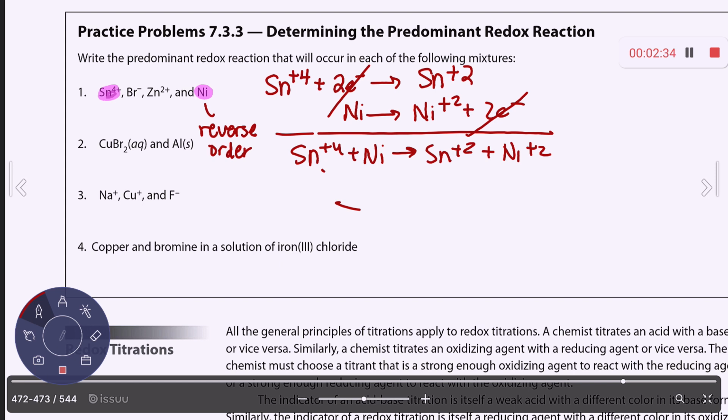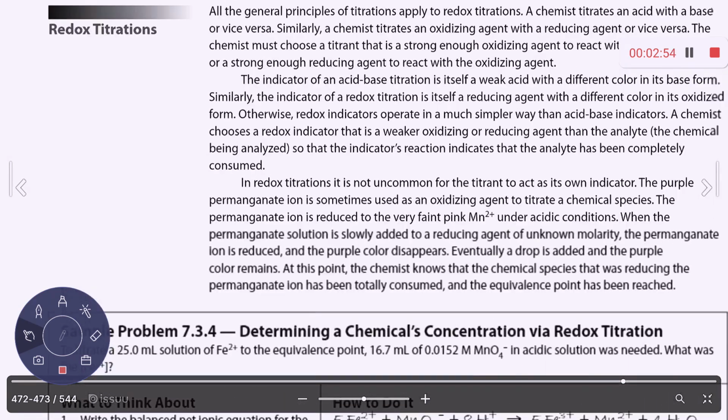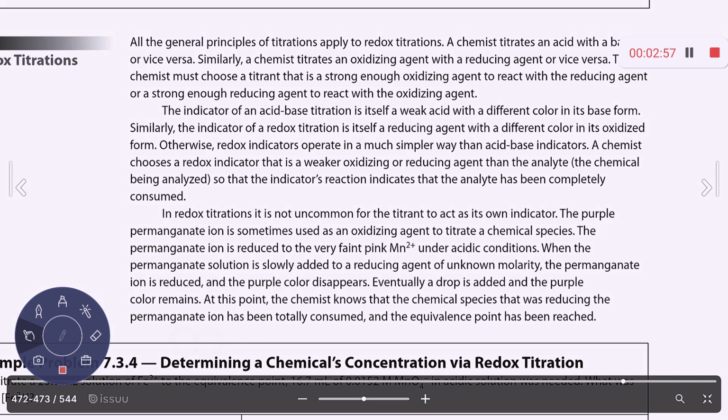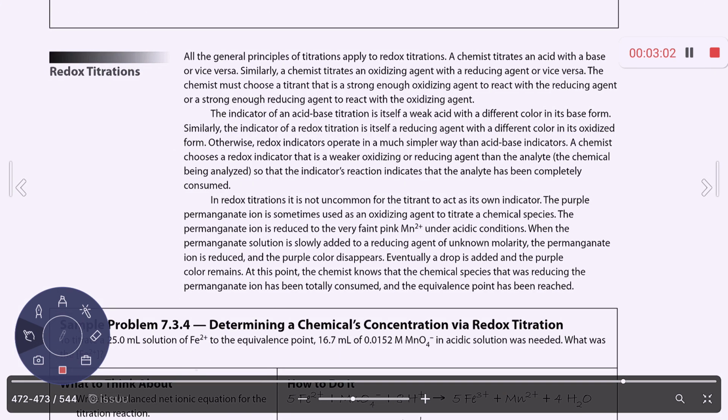Let's talk about redox titrations. This is what we're going to do next week. This is the 2-day lab. Okay, so what you're going to do is titrate an oxidizing agent with a reducing reagent, or vice versa.